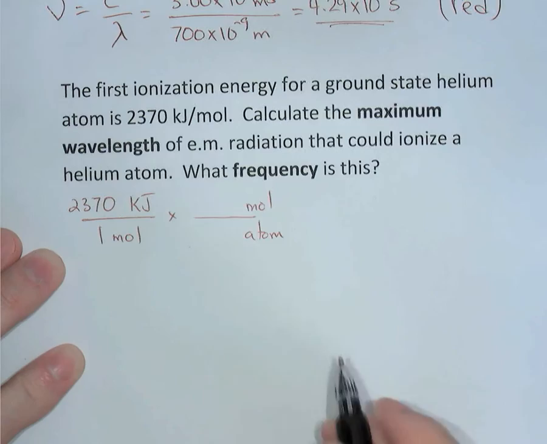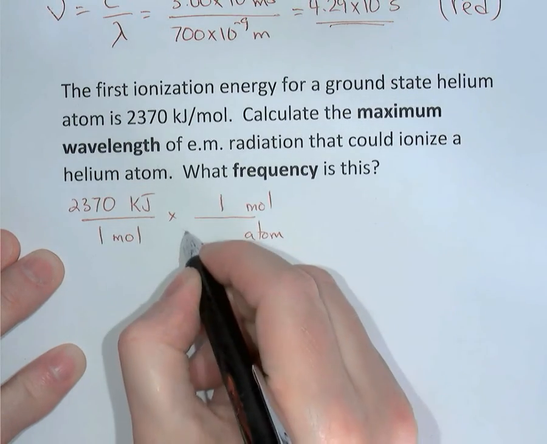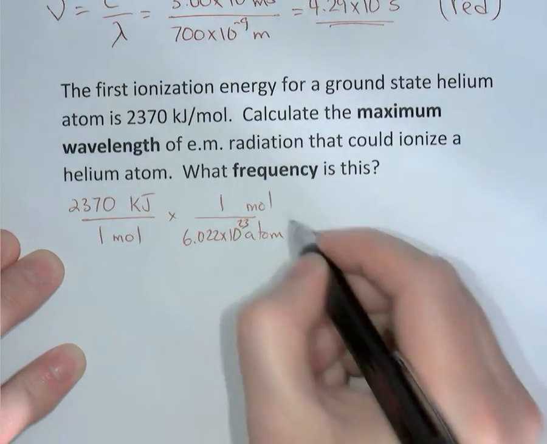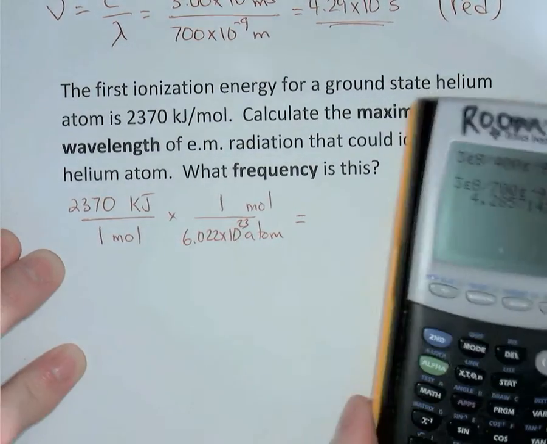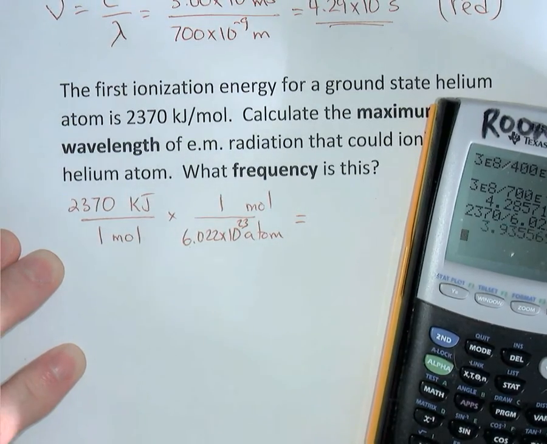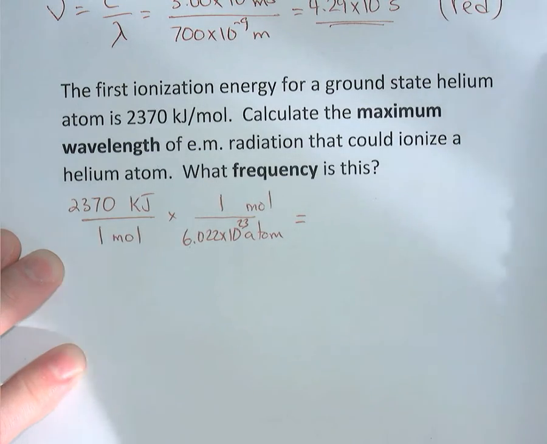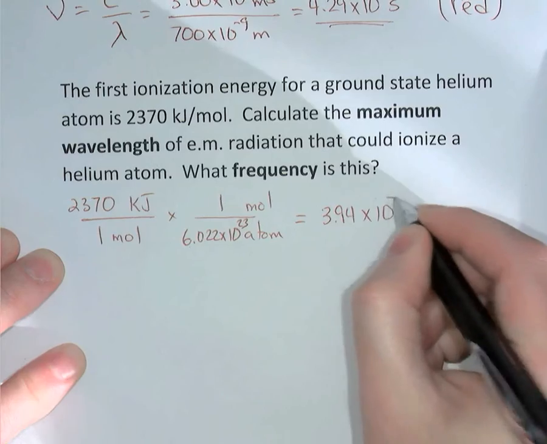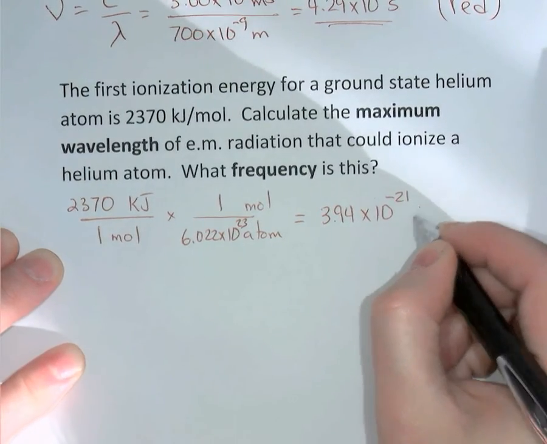Using Avogadro's number, 1 mole is 6.022 times 10 to the 23 atoms. So grabbing a calculator, 2370 divided by Avogadro, we get 3.94 times 10 to the minus 21 kilojoules.